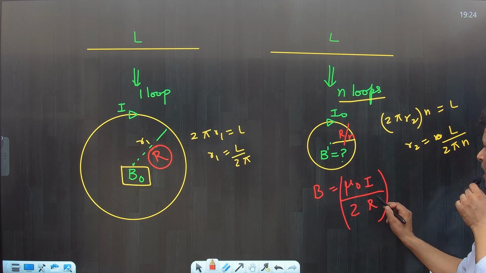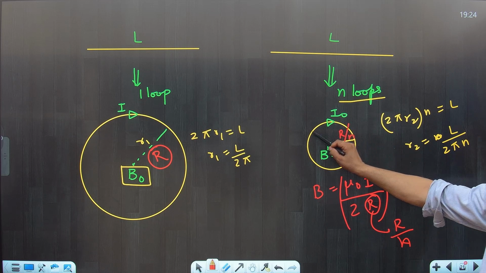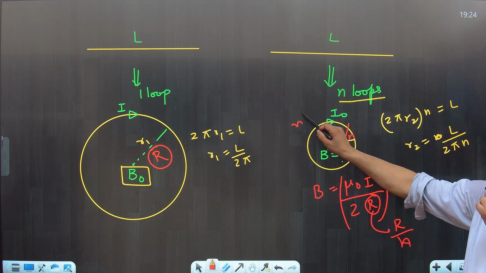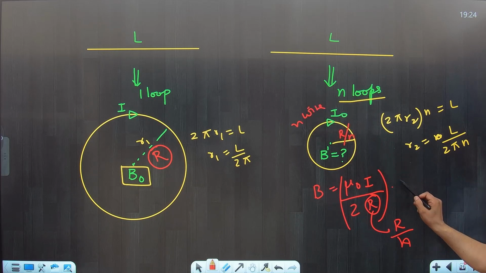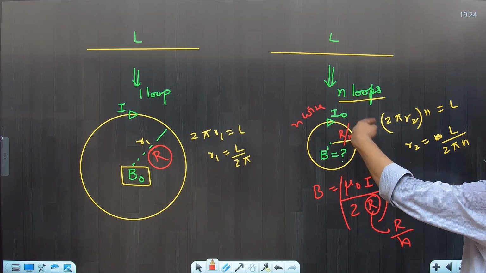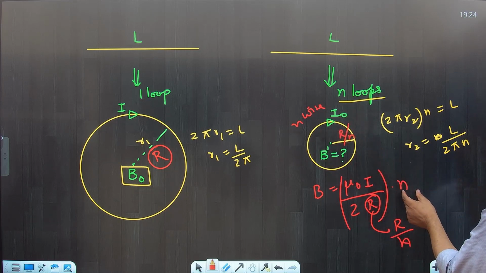In this case, your r is r by n, and magnetic field due to one loop was b, and there are n loops here, so it will be multiplied, because if there are 3 loops, then magnetic field will be 3 times. If there are 9 loops, magnetic field will be 9 times. So if there are n loops, it will be n times.